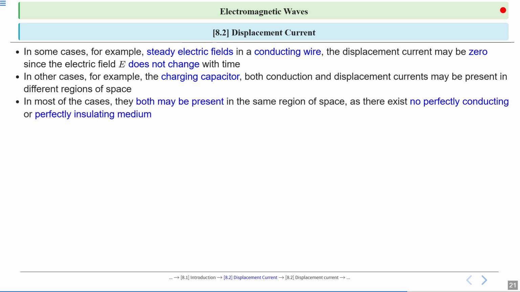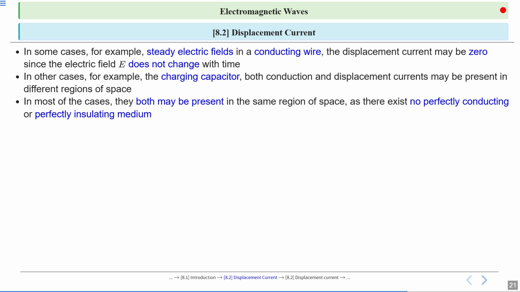In most cases, both conduction and displacement current may be present in the same region of space. Like if we are inserting some dielectric material between the plates of the capacitor, there will be no conduction current, but no dielectric is perfectly insulating.